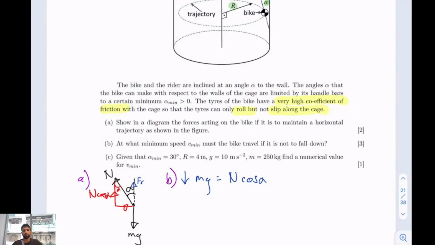So that's our equation of motion in the vertical direction, and we can look at the horizontal direction. We can say that n sine alpha, that's the force going towards the center of the circle, is going to be equal to mass times acceleration. But for circular motion, you need to remember that acceleration is given by v squared over r, where r is the radius of the circle.